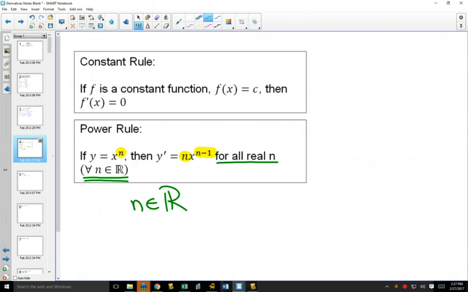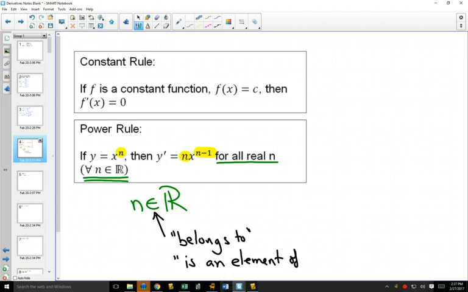When you're doing domain questions, you might have, in short form we say x ∈ R, but it's not actually an R. This is the math symbol for, sometimes when you're reading it, you can say belongs to. The reason it kind of looks like an E is because another proper way of saying that n is an element of the real numbers, meaning it belongs to the real numbers. And here's a new symbol that you've probably never seen before in math.